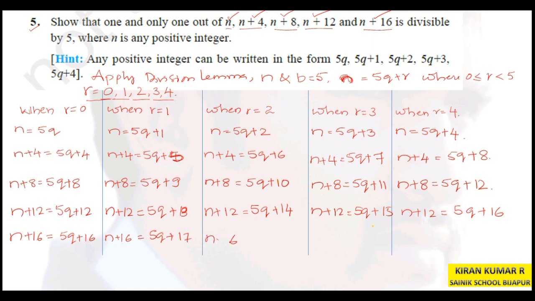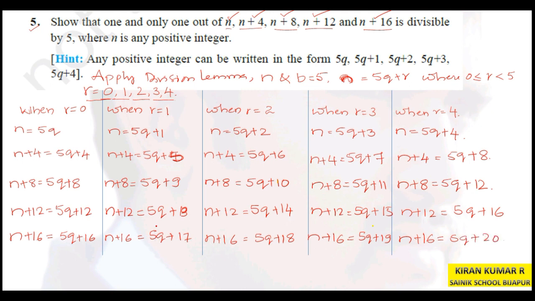N plus 16 for remainder 2 will be 5q plus 18. N plus 16 for remainder 3 will be 5q plus 19. Same way, n plus 16 for remainder 4 will be 5q plus 20.